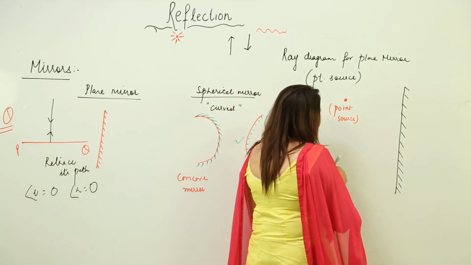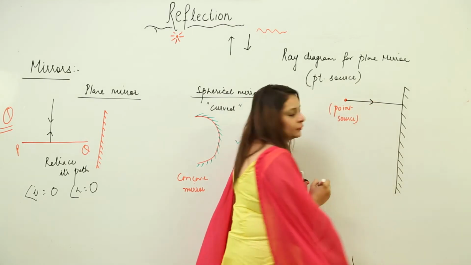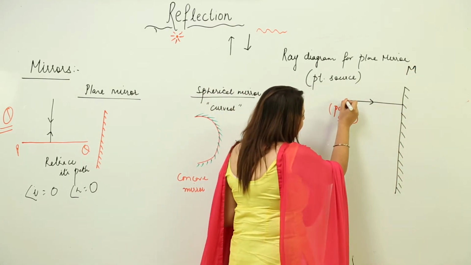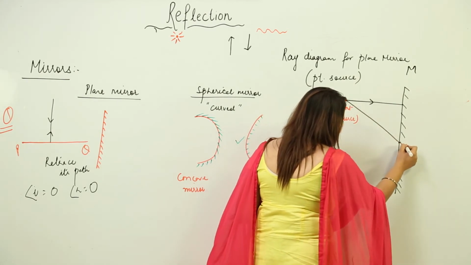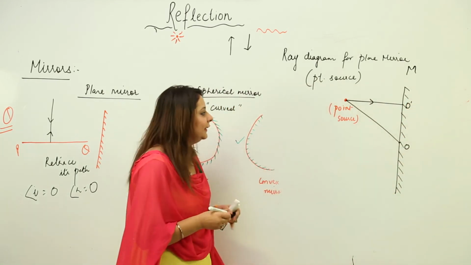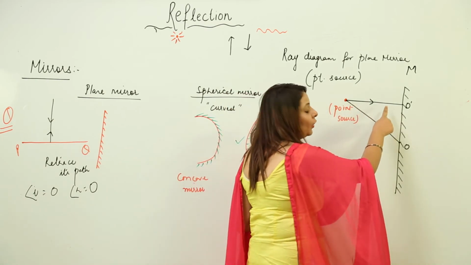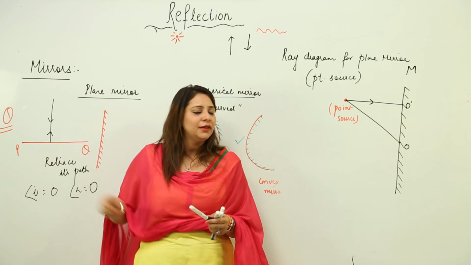So let's say that there are rays which are falling normally like this, and I'll write M because this is my mirror. There may be a ray which is falling at a certain angle. So let's say this is the point of incidence, and this is also a point of incidence. Now as I told you, whenever the light falls normally, how it moves after reflection, we have already discussed, it retraces.